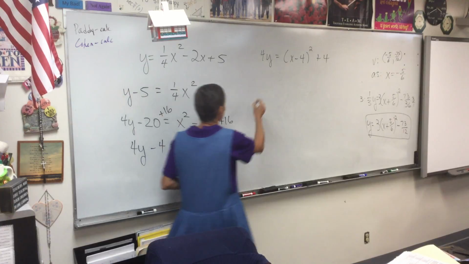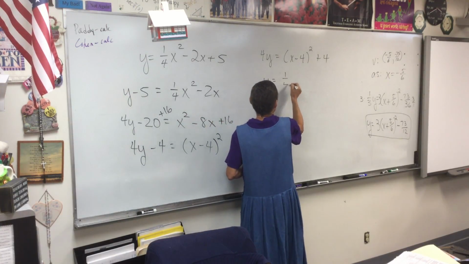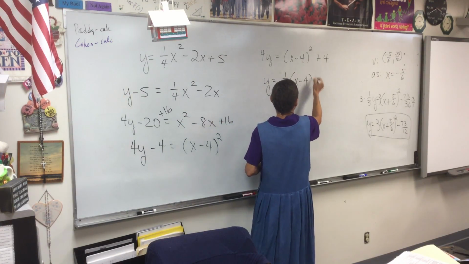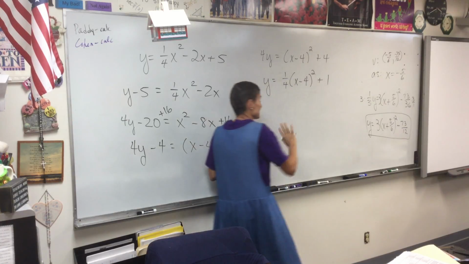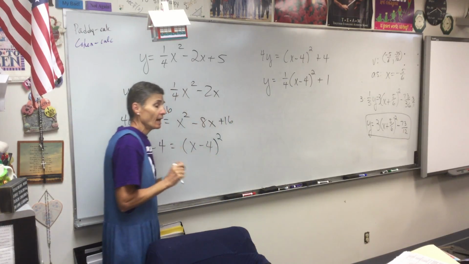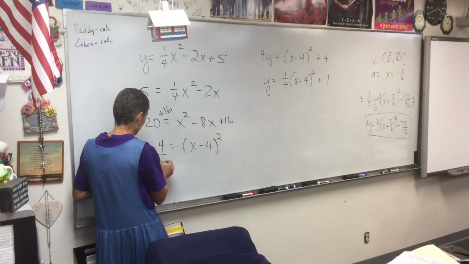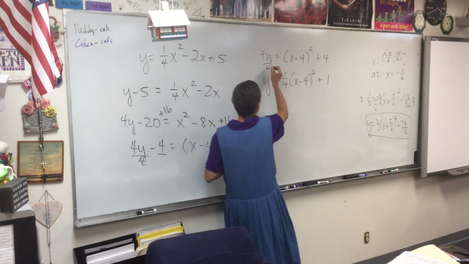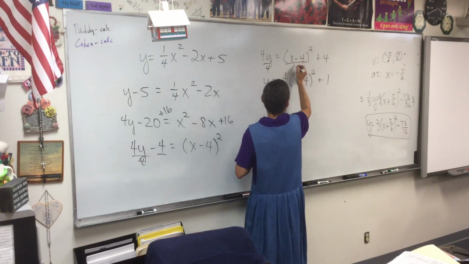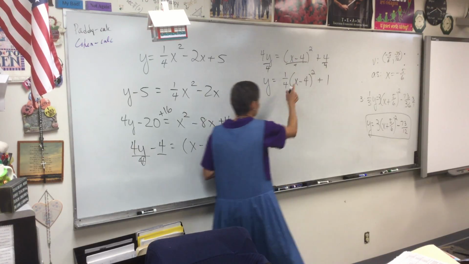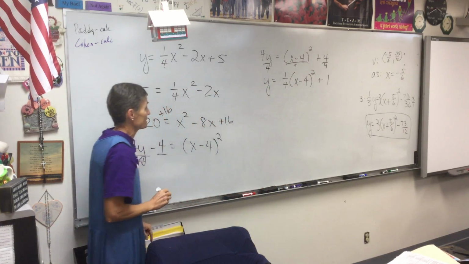Divide by 4. Now, again, it's the parentheses being divided by 4, not anything in it. Do not touch what's in the parentheses. You're dividing the parentheses by 4. So I have 1/4 of the parentheses.